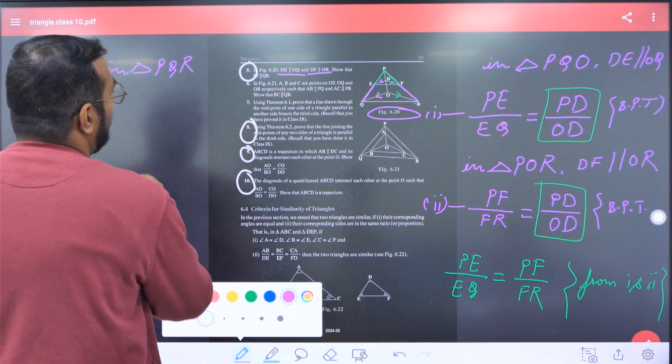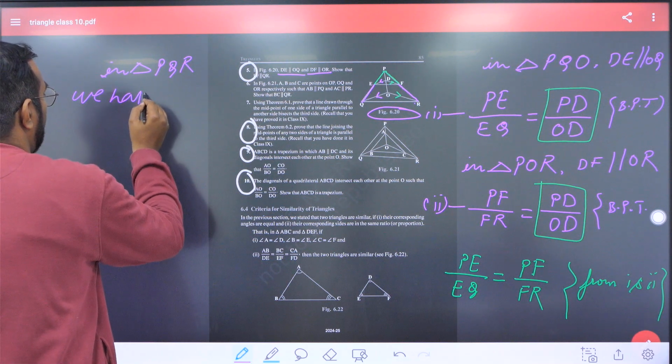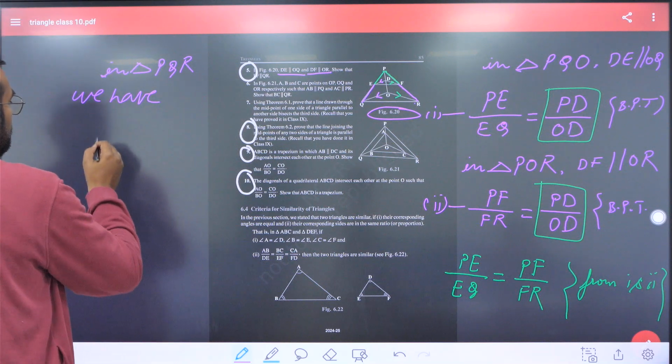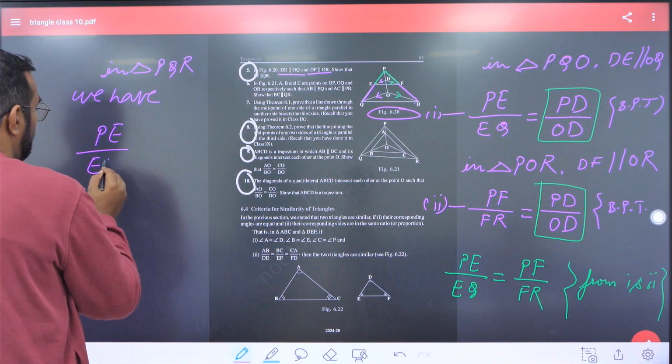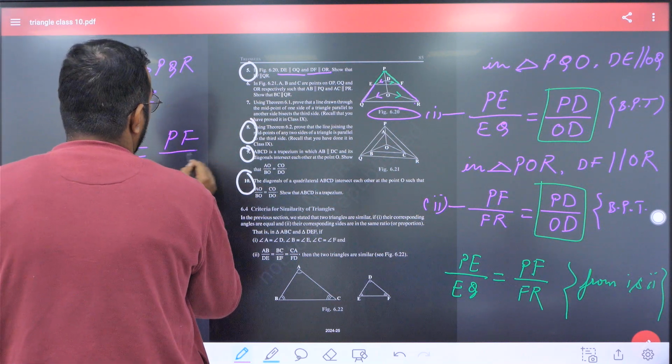In triangle PQR, we have PE upon EQ is equal to PF upon FR.